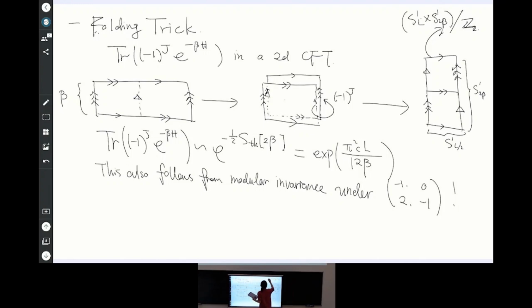So this manifold is not the same as simply taking the quotient of the spatial slice and times a longer thermal circle. These two are not the same, because this one is a trivial bundle, but on the right-hand side, you don't have a trivial bundle. And this would lead to a change in topological terms. And recall that the topological terms show up whenever your CFT has a gravitational anomaly.